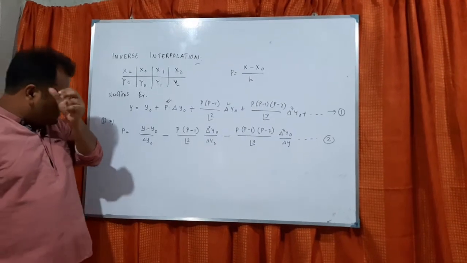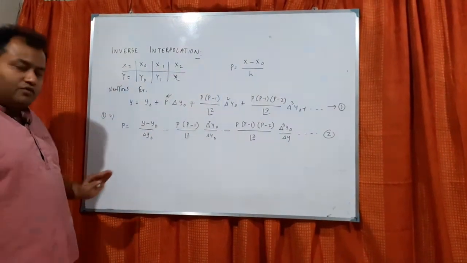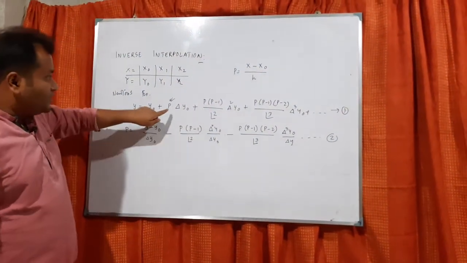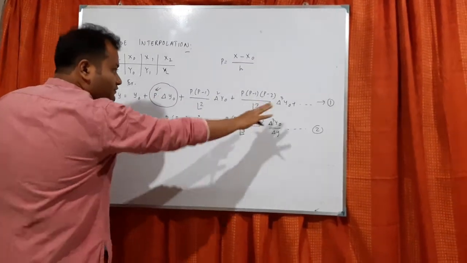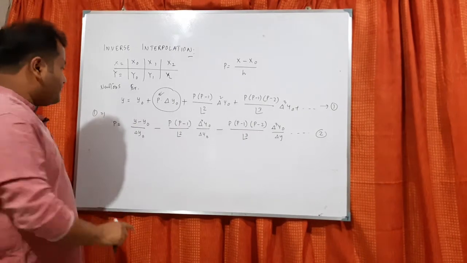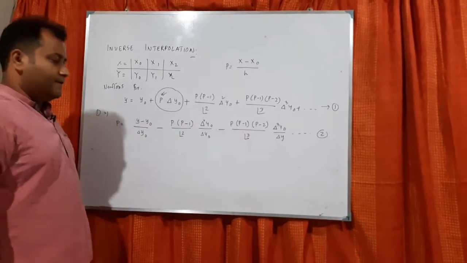So from the original Newton's forward interpolation formula, we have found the value of p in terms of all the others.